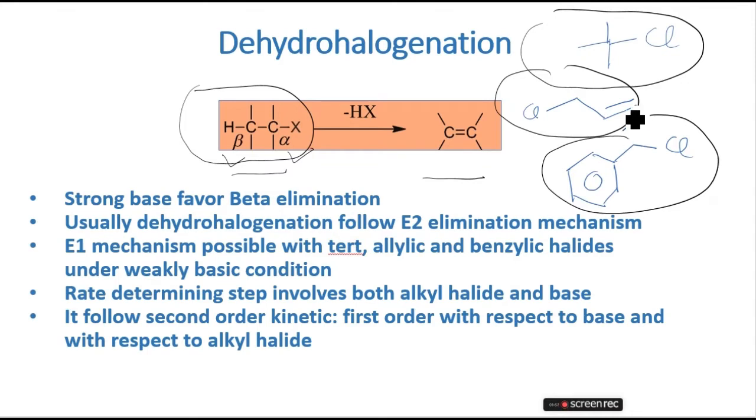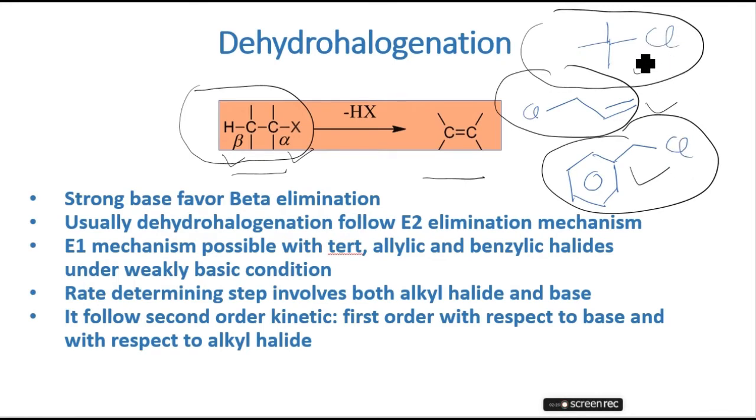In a separate lecture, I will discuss this E1 and E2 mechanism and clarify what E1 and E2 are. So here you can simply understand this type of reaction will go by the E2 elimination, and for this allylic and this benzylic halide, the reaction will go by the E1 elimination.